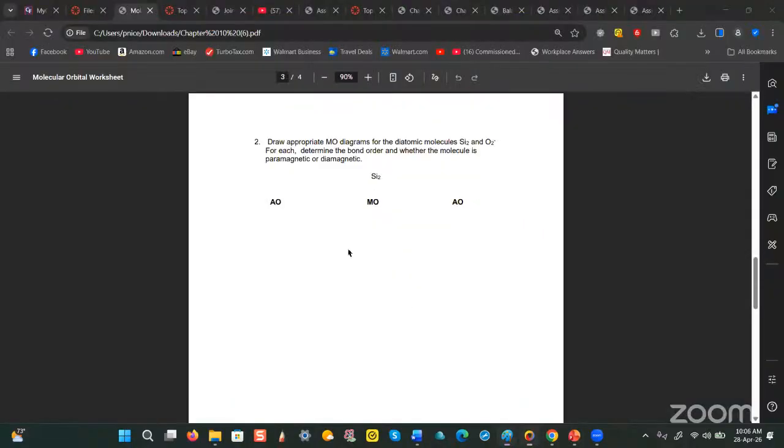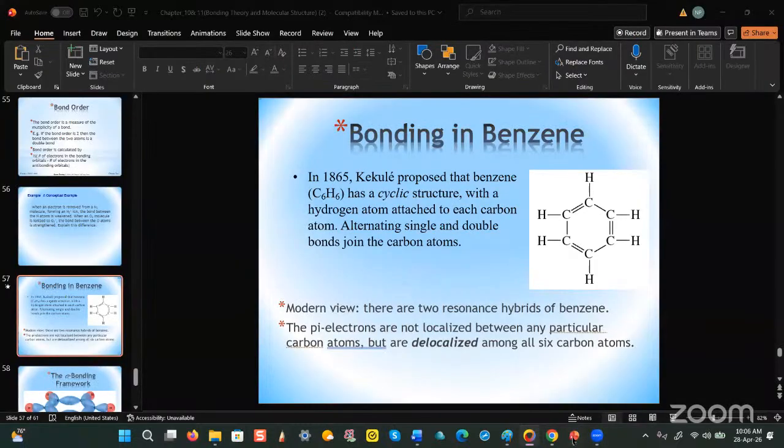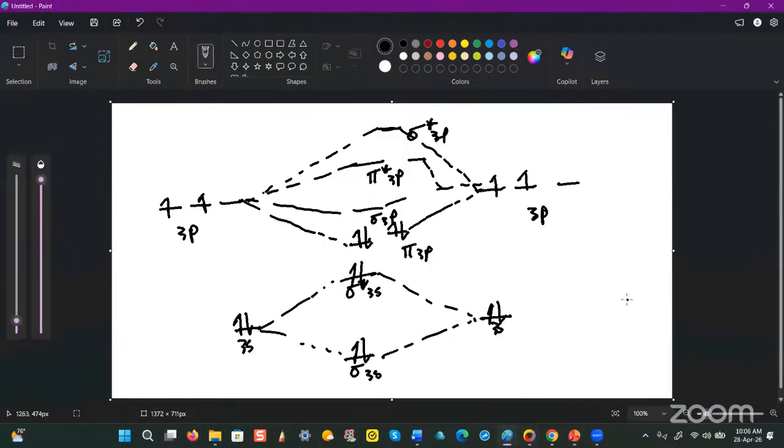Now, the next part is asking for the bond order. If you remember, the bond order is equal to the number of bonding electrons, which would be 2 plus 2 plus 2, so that's 6, minus the number of anti-bonding electrons, which would be 2 right here, and then divide that by 2.